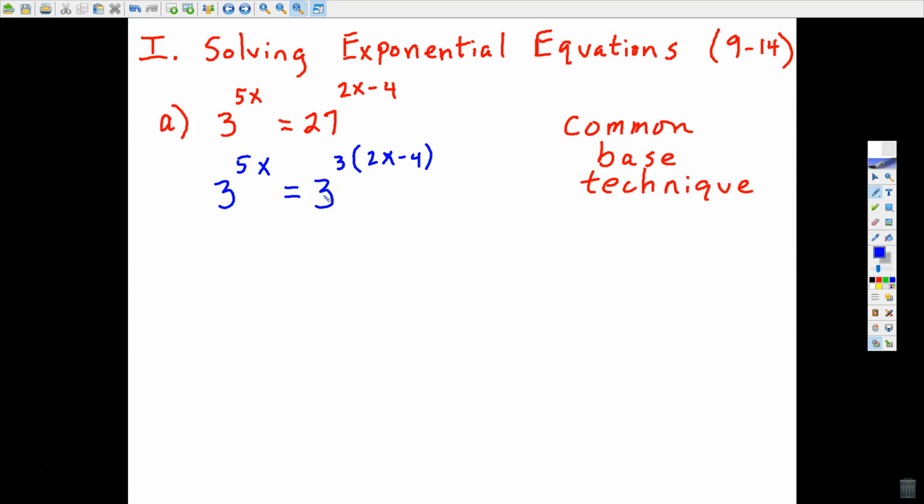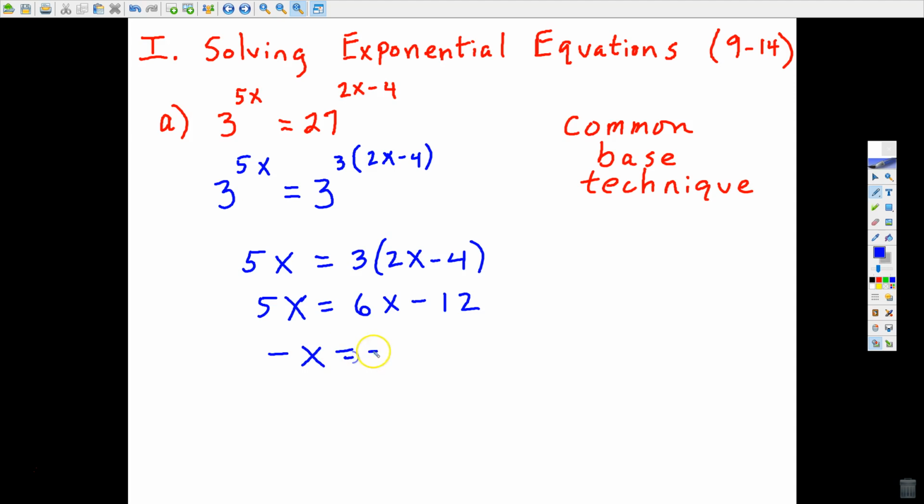When you get to this point, solving for x is really pretty easy because I just let the exponents equal each other. I'm going to make an equation out of the exponents. So I'm going to say 5x is equal to 3 times 2x minus 4. And we're doing Algebra 1 stuff now. Don't forget the distributive property. 5x equals 6x minus 12.